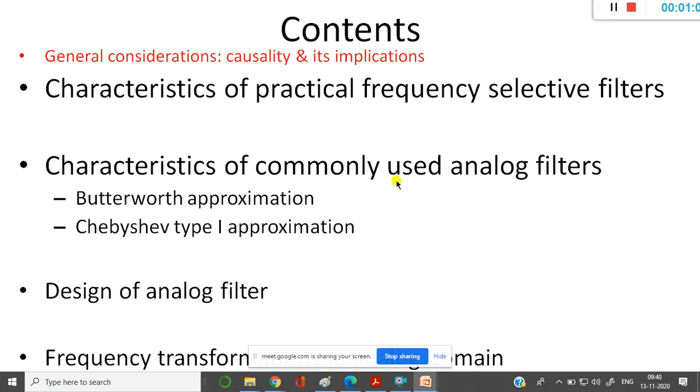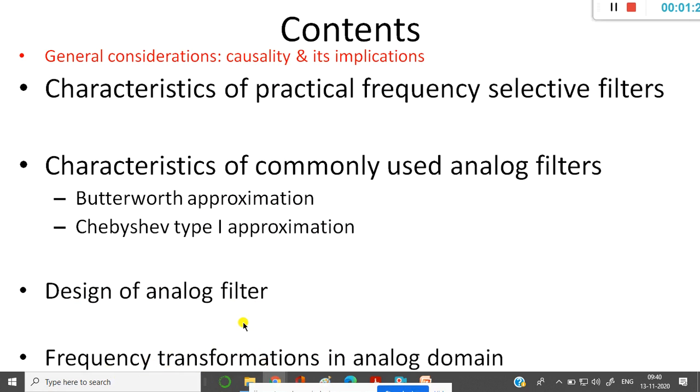One is the Butterworth approximation method and another is the Chebyshev type 1 approximation method, and design of analog filters. After understanding Butterworth and Chebyshev, we try to design the analog filters for the same. And then frequency transformation.